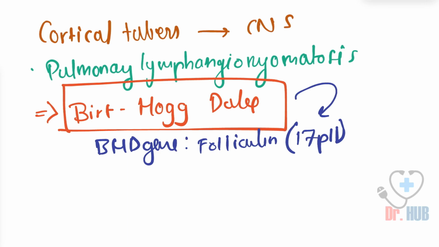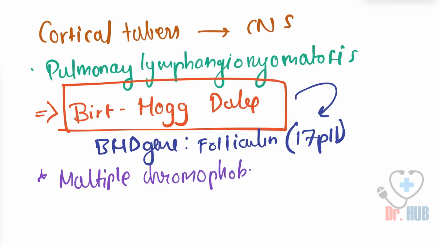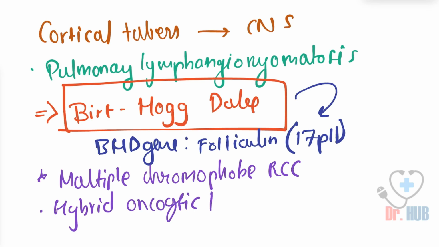So what are the features of this BHD? The features include multiple chromophobe renal cell carcinoma. Next, there is the hybrid oncocytic tumor.